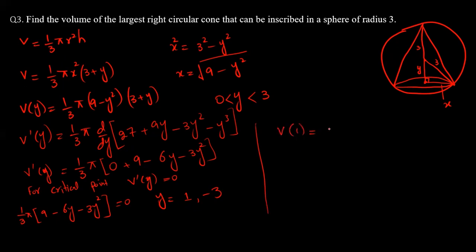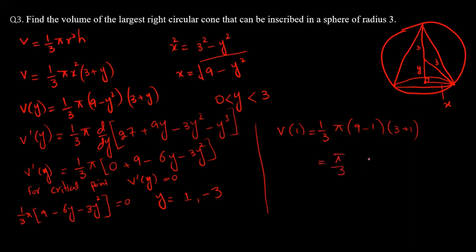This will give us 1 by 3 pi times 9 minus 1, times 3 plus 1.